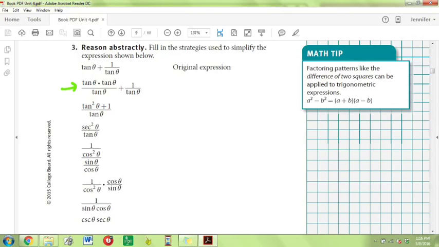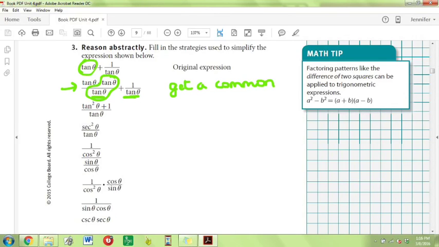So notice what they tried to do here, or what they are doing here, is taking this first expression of tangent theta and turning it into a fraction with a common denominator, multiplying by tangent theta over tangent theta. So in this first step, they're getting a common denominator.